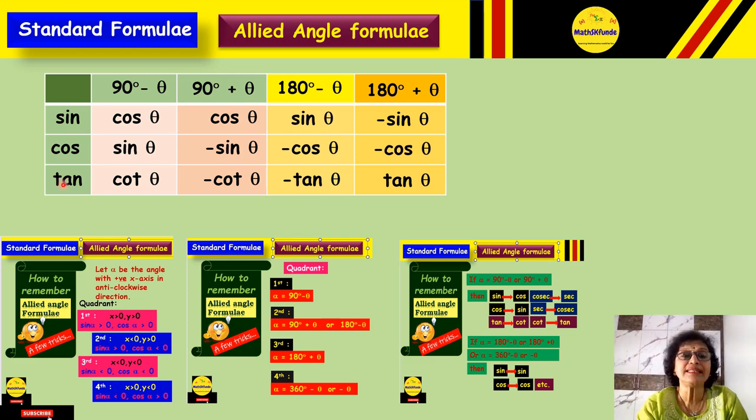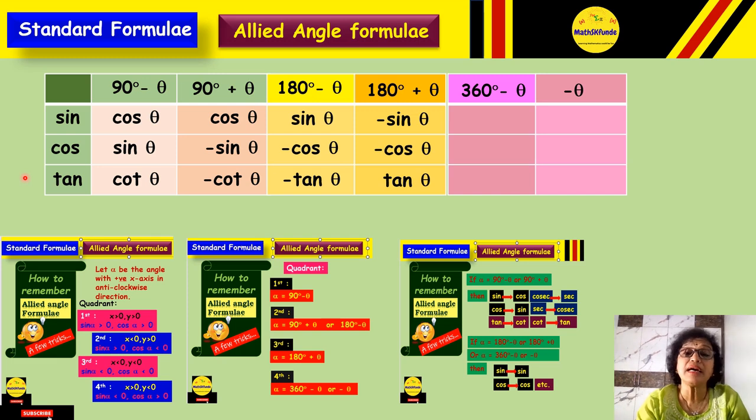So we know that answer for tan of 180 plus theta, because it is in third quadrant, would be positive, and tan remains tan like in 180 plus theta formula. So here no negative sign is appearing. Fine. So this is how I have completed 180 minus theta and 180 plus theta.